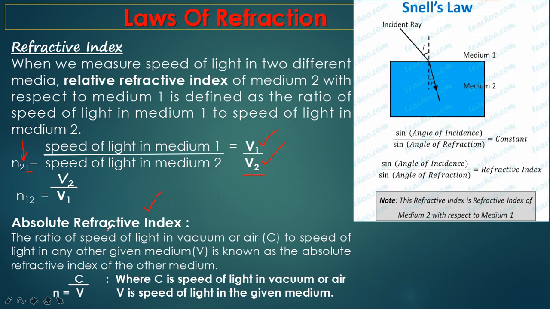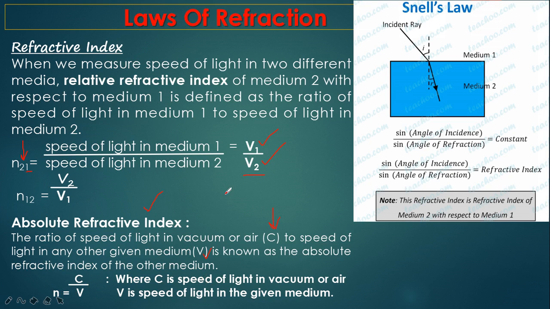Absolute refractive index is the ratio of the speed of light in vacuum or air, which is represented by capital C, to the speed of light in any other given medium, which is represented by a capital V in the denominator. It is known as the absolute refractive index of the other medium with respect to air or vacuum. In this we do not have to write the name of the other medium. So this is about the absolute refractive index.